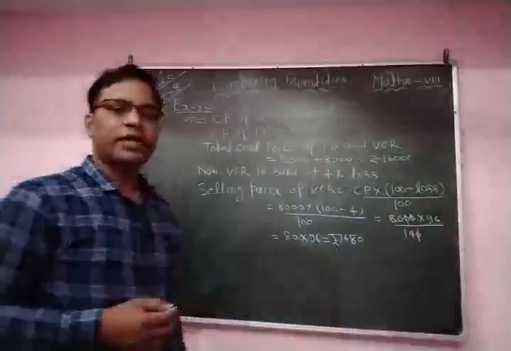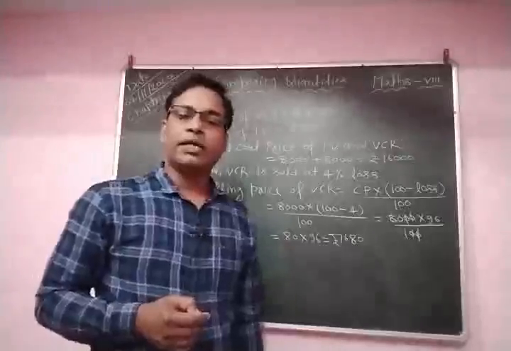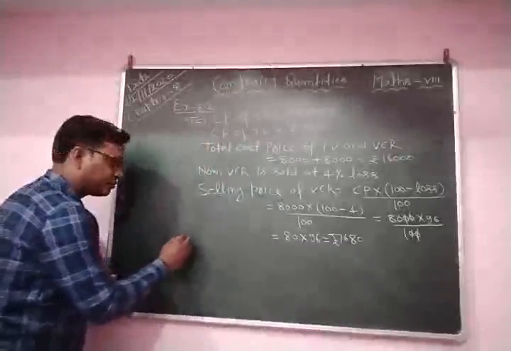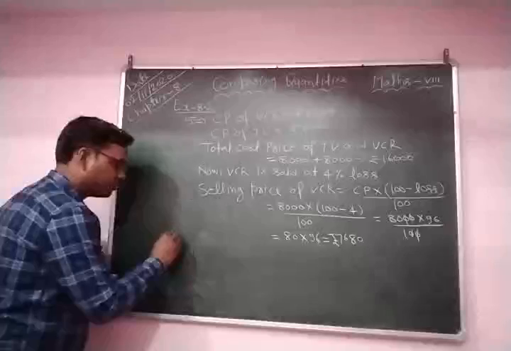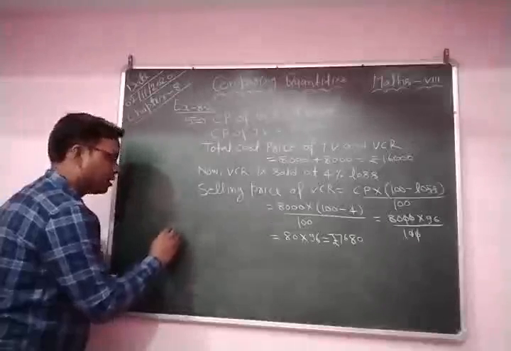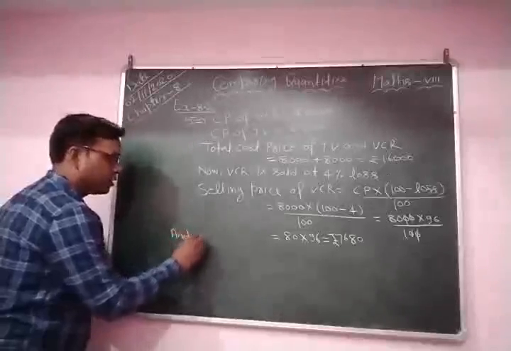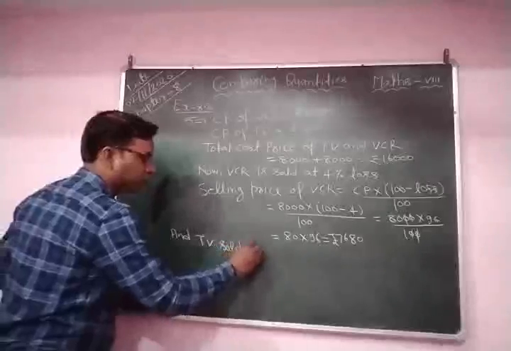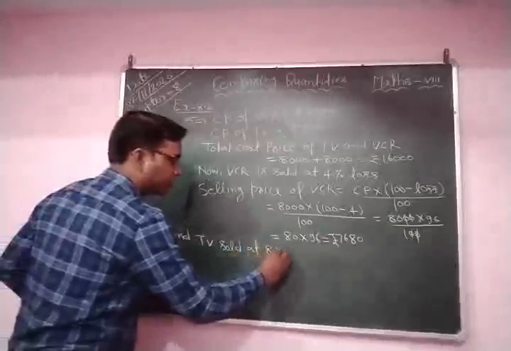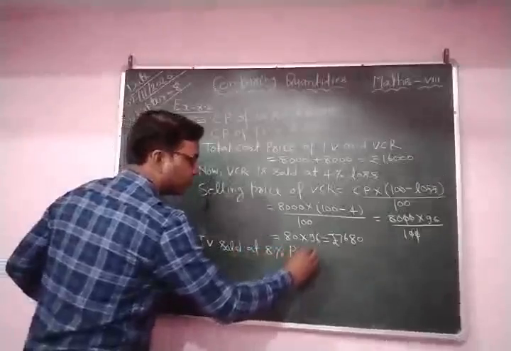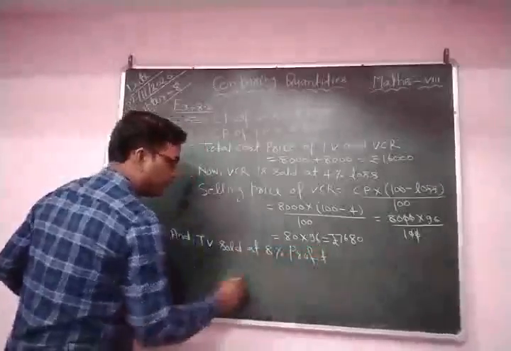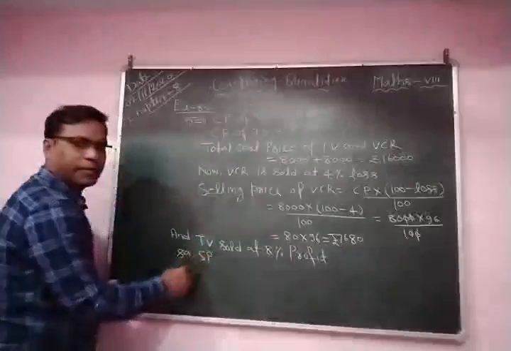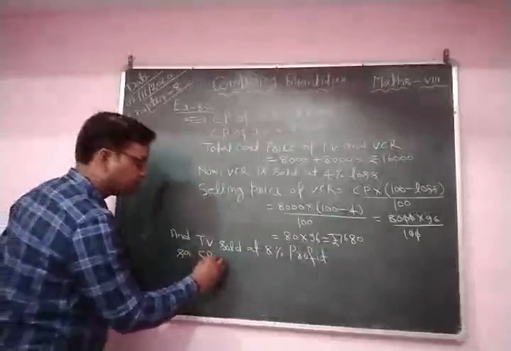Here we write: TV sold at 8% profit. SP means selling price of TV.